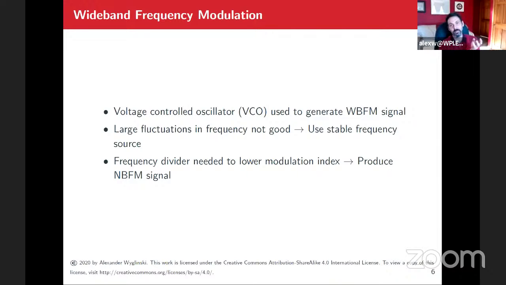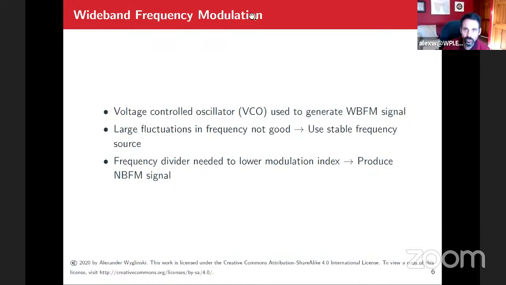Same thing we saw with the PLLs, exactly the same, in order to generate a WB-FM signal. In general, we don't want large fluctuations in frequency. It's not good. What we really want is a stable frequency source.